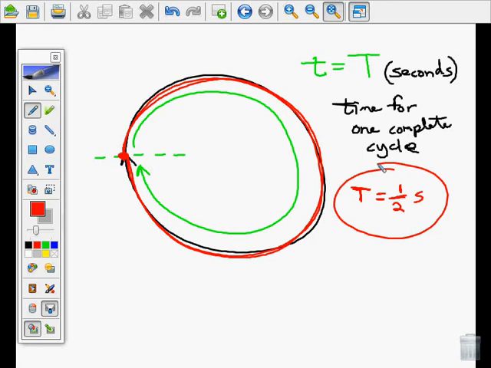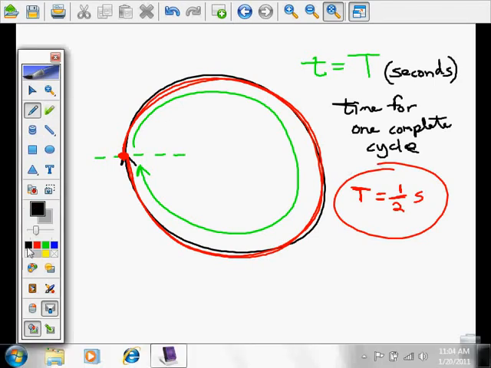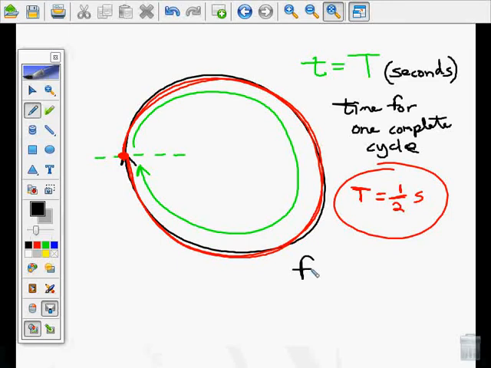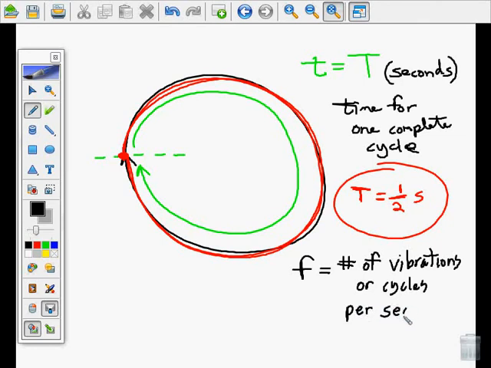The other measurement that's related to this, but it's not the identical same measurement, is the frequency. And the frequency equals the number of vibrations or cycles per second.